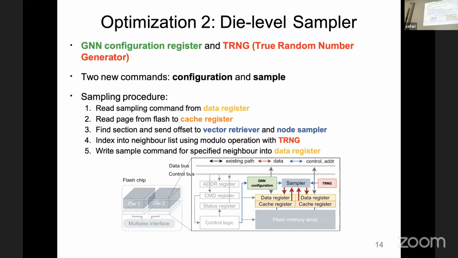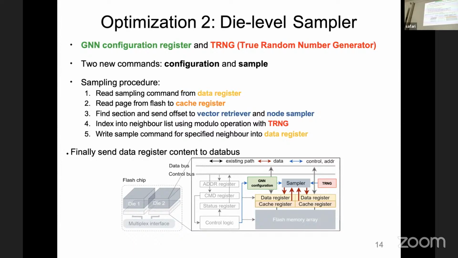So there's no need to communicate with the firmware. Basically, all the hops can be done in one go inside the die chip, and thus we also save a lot of bandwidth, and we reduce the transfers on the channels drastically. And the data is essentially then put on the data bus at the end.